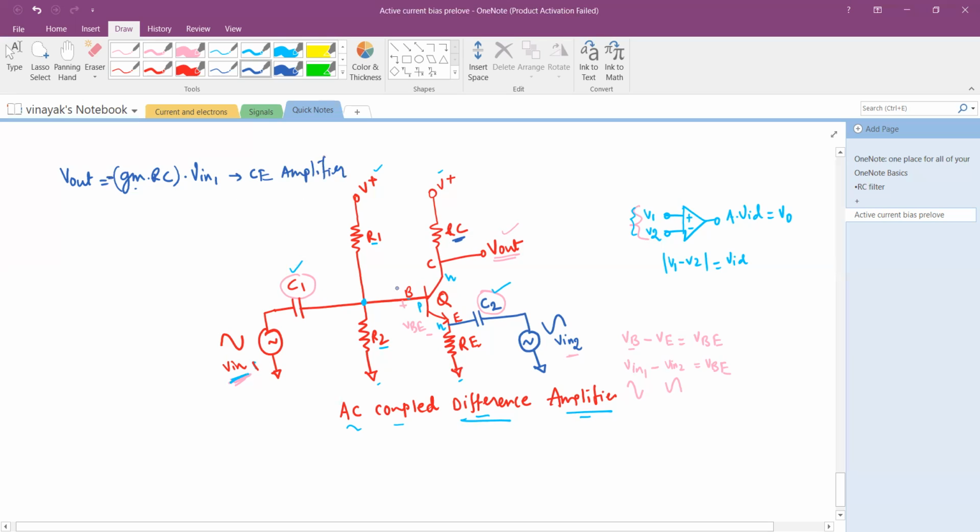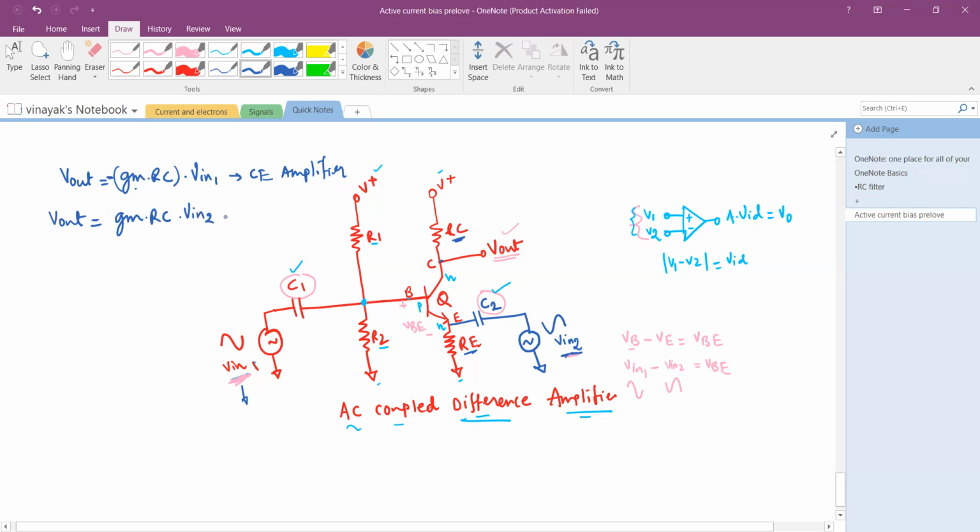You are applying the signal to the base, the emitter is grounded or connected through these resistors, and the collector is where you take the output. Then if you AC ground the base and apply V in 2 with the signal phase as shown, you have an output of gm times RC times V in 2.